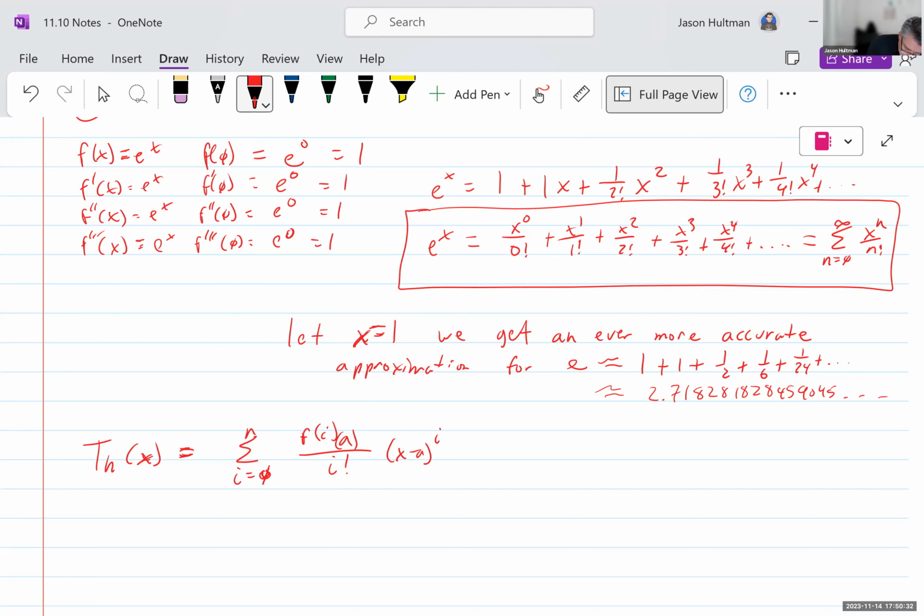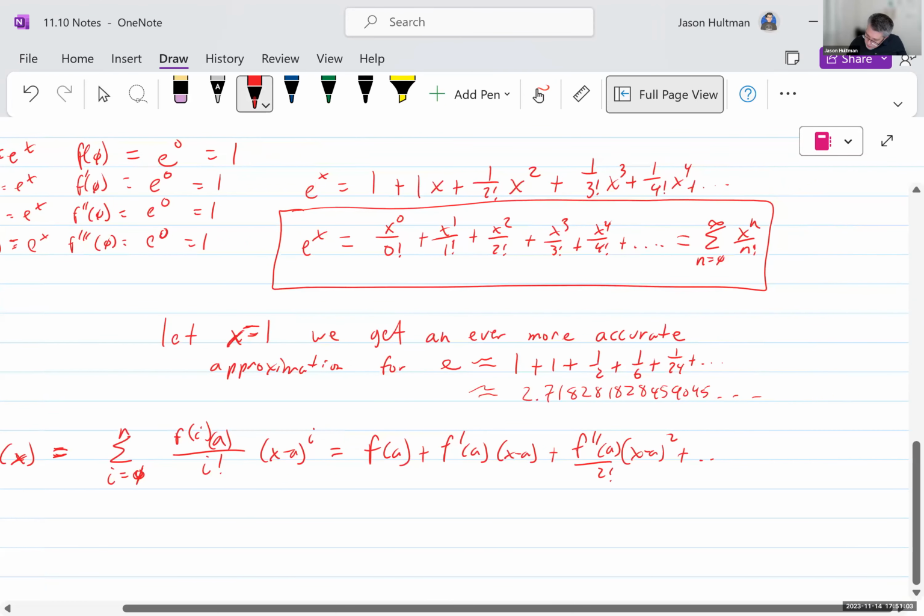Okay, that is equal to f of a plus f prime of a times x minus a plus f double prime of a over 2 factorial times x minus a squared plus, and then this goes on, but it stops.